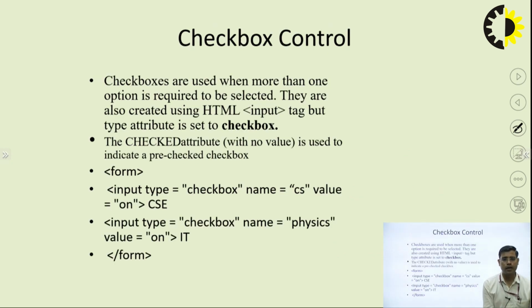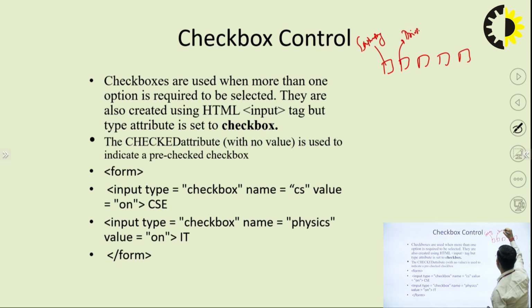Next is the checkbox control. So checkboxes are used when more than one option is required to be selected. Suppose my hobbies are more than one, and I select the particular checkbox. So like my hobbies are swimming, driving, playing cricket, and many more.